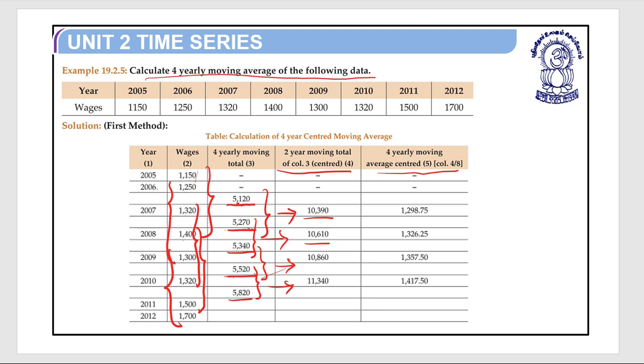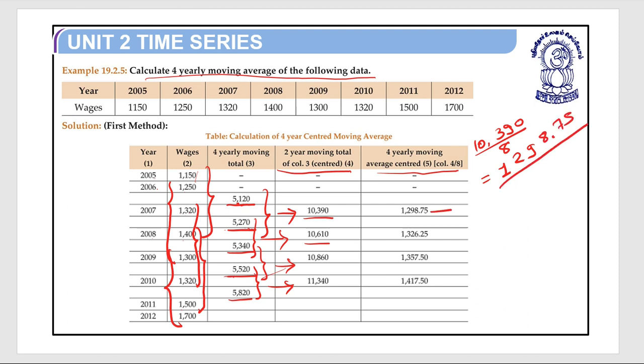So 10,390 divided by 8. 8 ones are 8, 8 twos are 16, 8 nines are 72, 8 eights are 64.